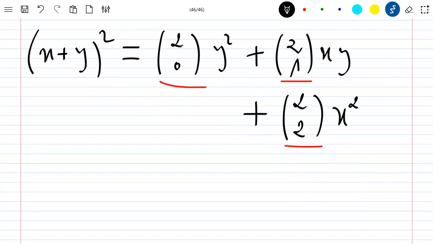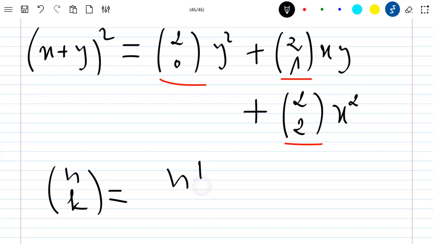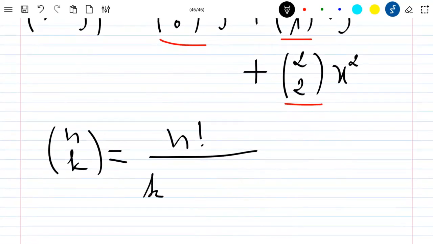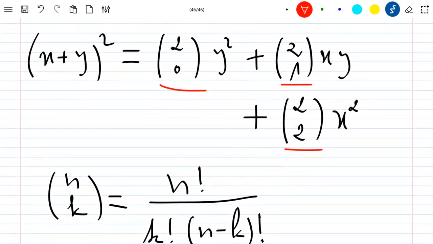We know that n choose k is equal to n factorial divided by k factorial times (n minus k) factorial. So let's just apply this formula in order to find this binomial coefficient, and we'll finally have the decomposition of this one as a sum.